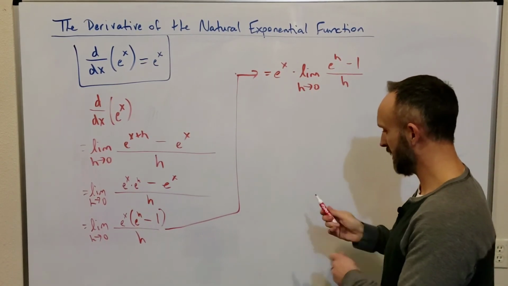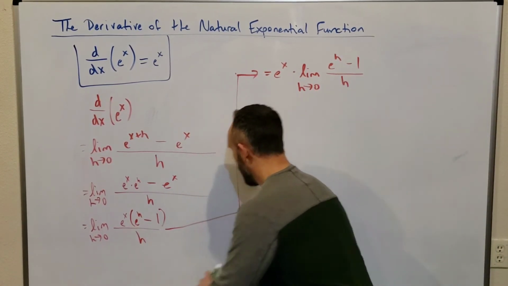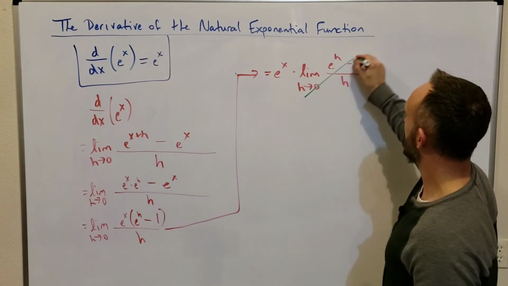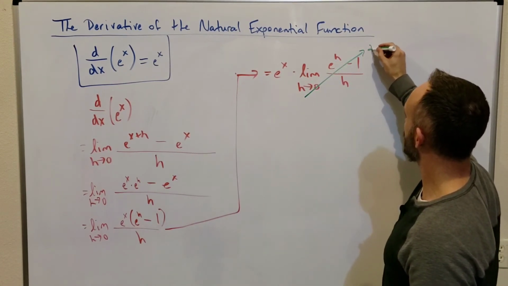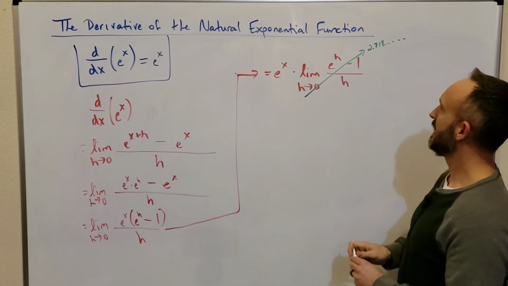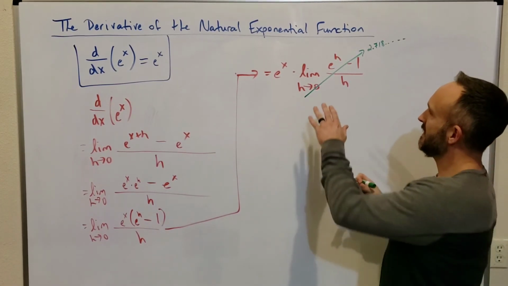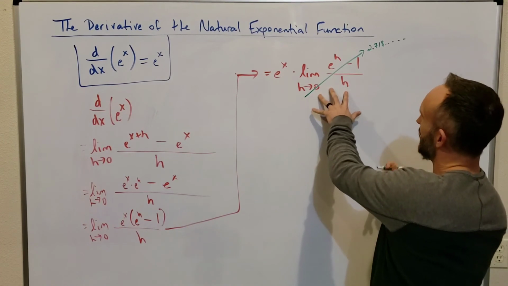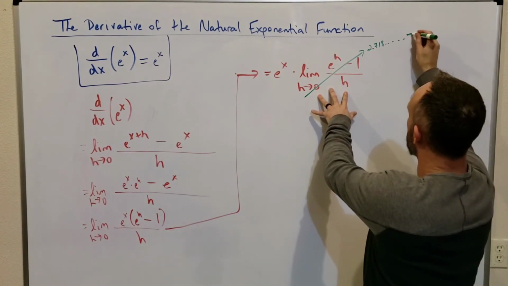But what you should see is that the value of this is getting closer and closer to something like 2.718 and so on. And in fact, this limit is actually equal to e.